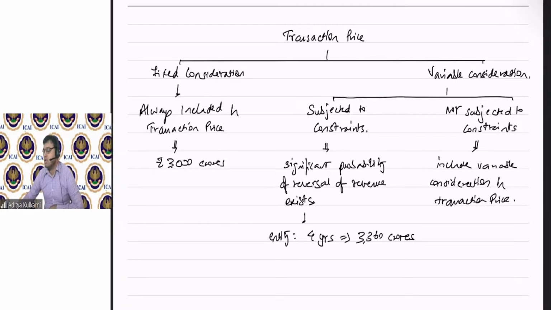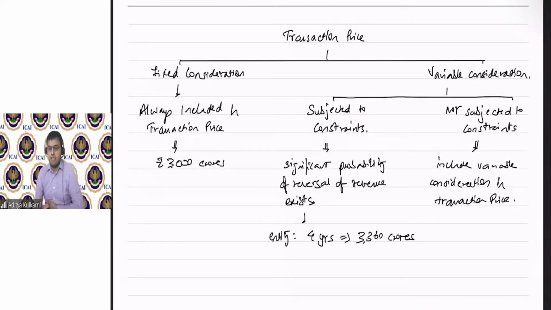If it wants to recognize a revenue of 3,360 crores, there must be a strong basis for completing the contract within 4 years. You as auditor will obviously say, sir, we do not see this.